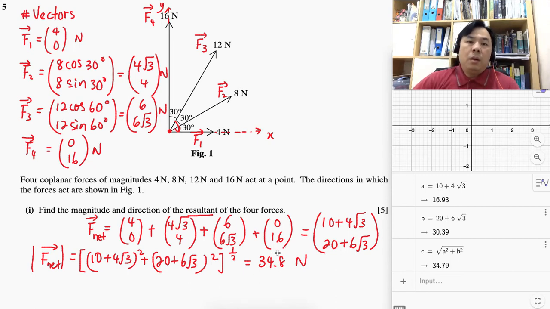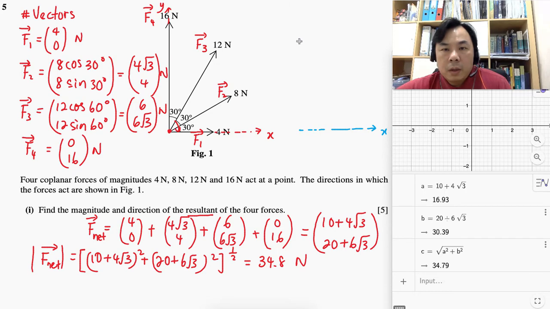Now, if you were to draw another diagram here to represent the components of the resultant force, if this is our x and this part will be our y, the resultant is approximately 14 units to the right and 27 units vertically upward.